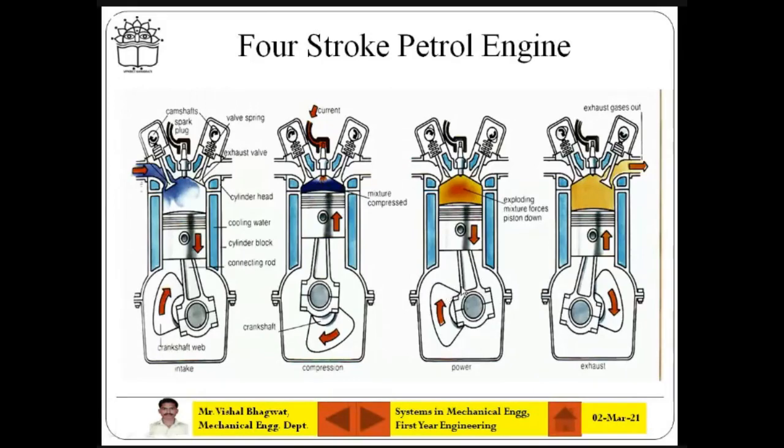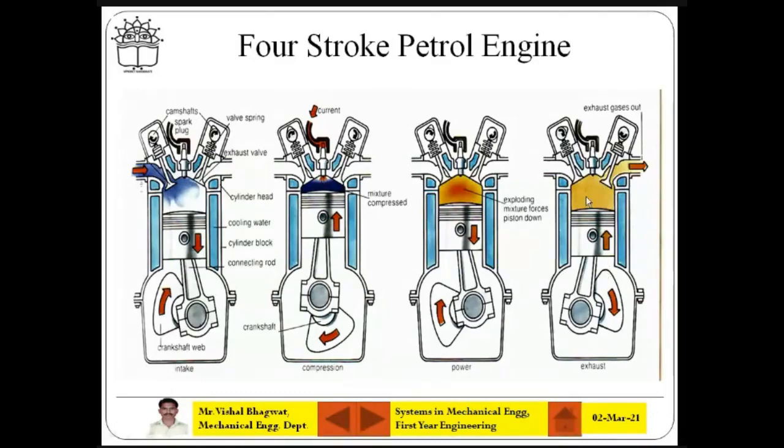Next, due to the inertia of the crank, it starts rotating again, and this time the piston moves from BDC to TDC, bottom dead center to top dead center. At that time, the exhaust valve is kept open and the inlet valve is off.